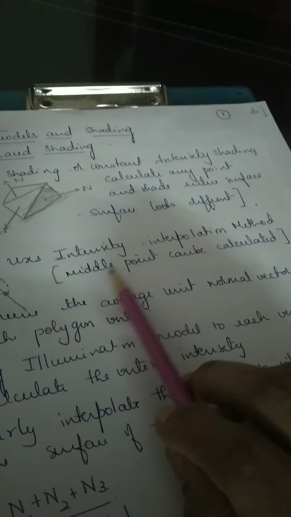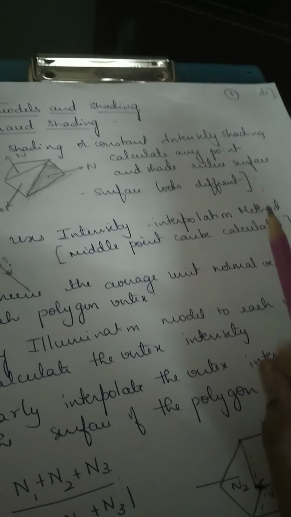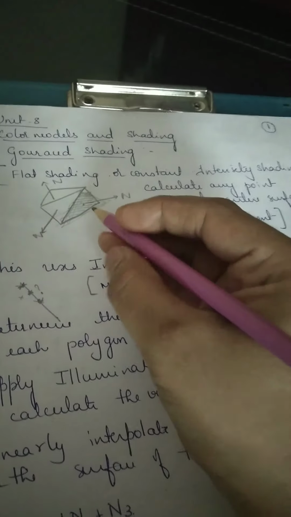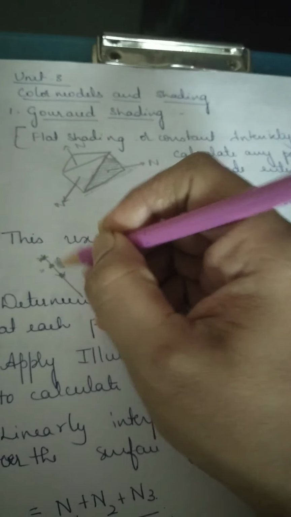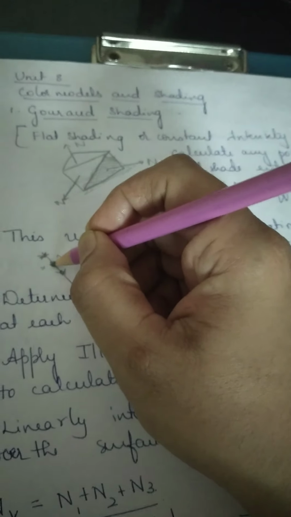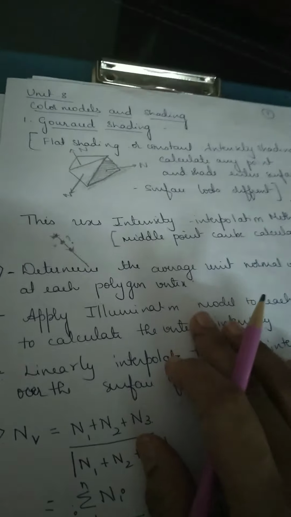This uses the intensity interpolation method. That is, in the interpolation method we need to calculate the middle point. Between any 2 points, select any middle point, find out the intensity and then start shading.